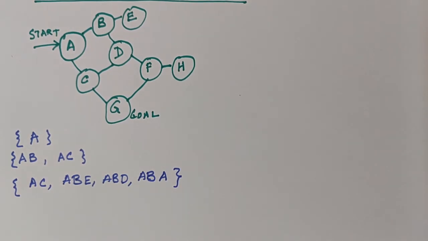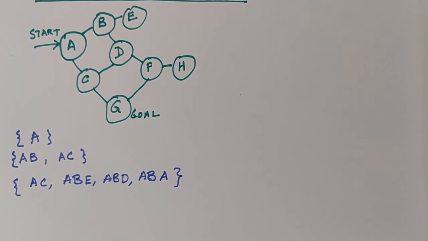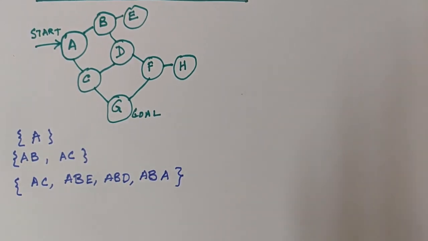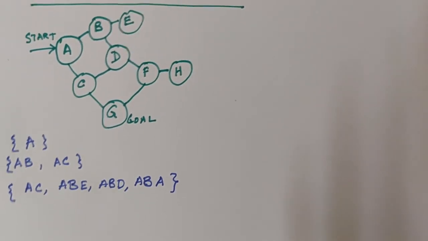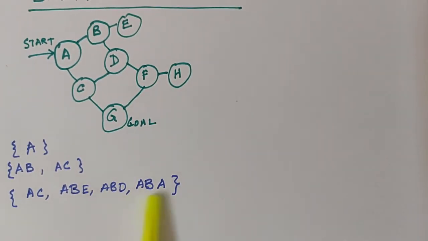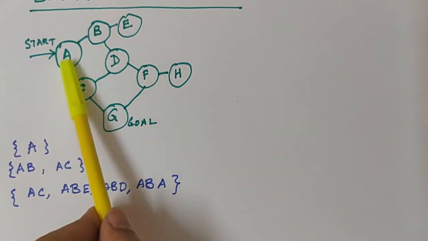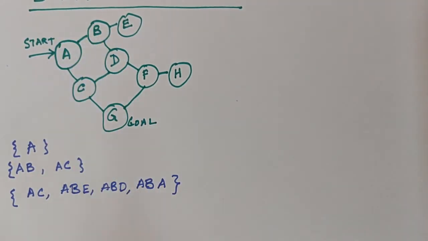Before I go to the next part of the algorithm, just tell me one thing: does this path ABA give me any meaning?